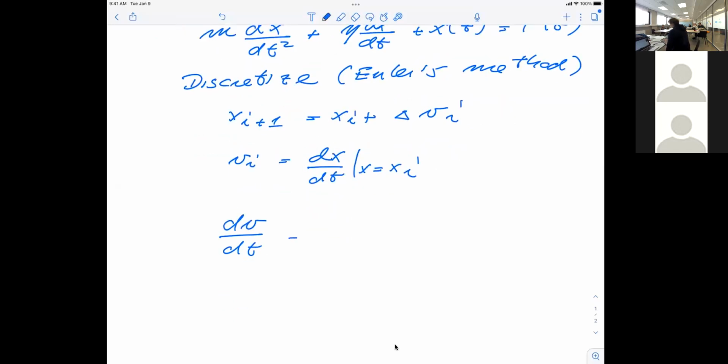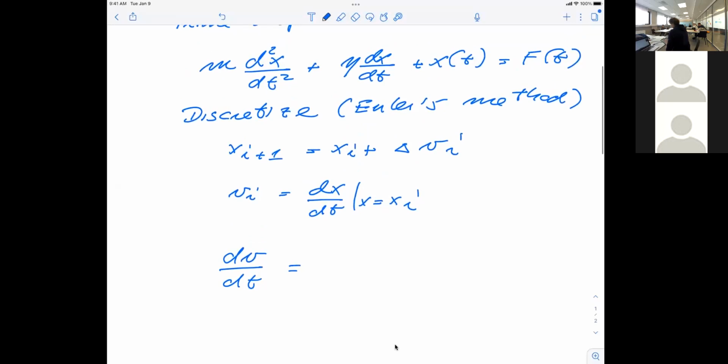If we now look at these parameters, it's going to have a minus eta, and then dx/dt is the same as the velocity, and then a minus, and if we divide by m, an x of t divided by m, plus an f of t divided by m.